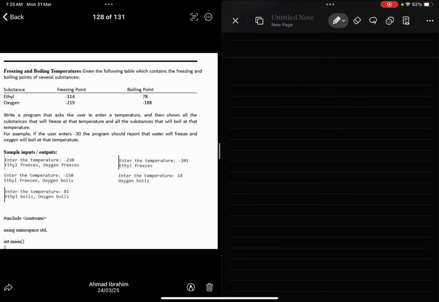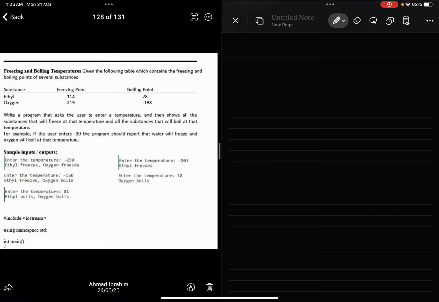Third one, here we have freezing and boiling temperature. Given the following table, which contains the freezing and boiling points of several substances, here we have ethyl and oxygen. So we have the sample here.